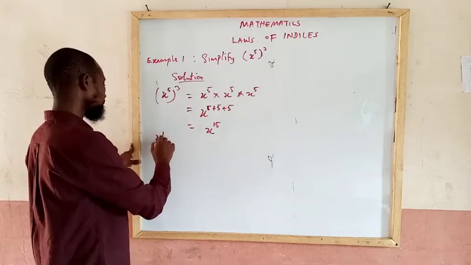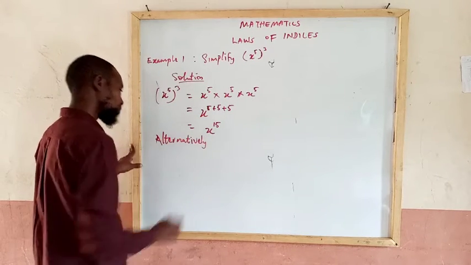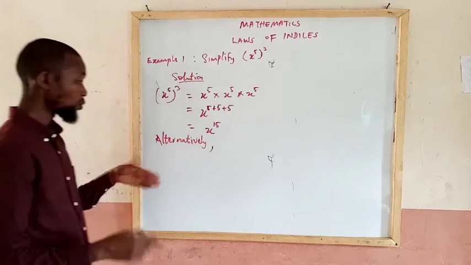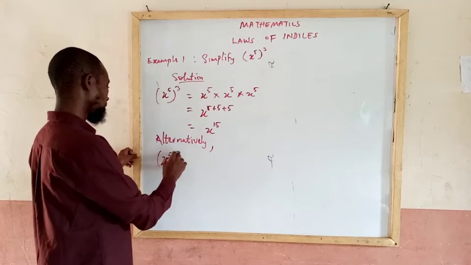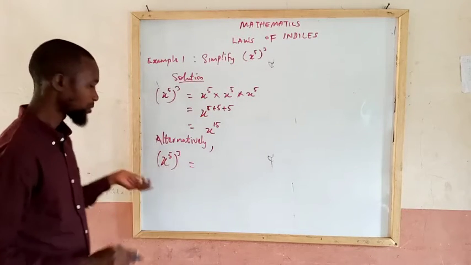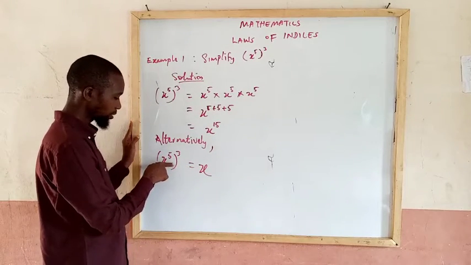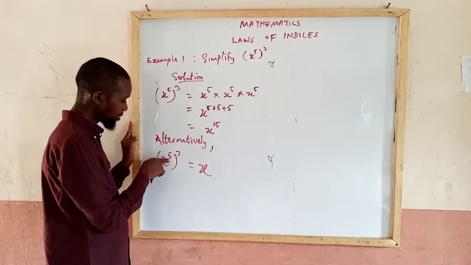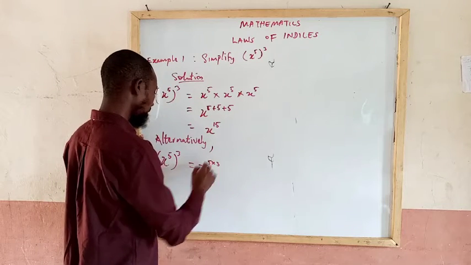Alternatively, that is in another way, x raised to the power 5 raised to the power 3 is the same thing as saying x raised to the power, since this is a bracket, the element here can multiply the element here. So which gives what? 5 multiplied by 3.